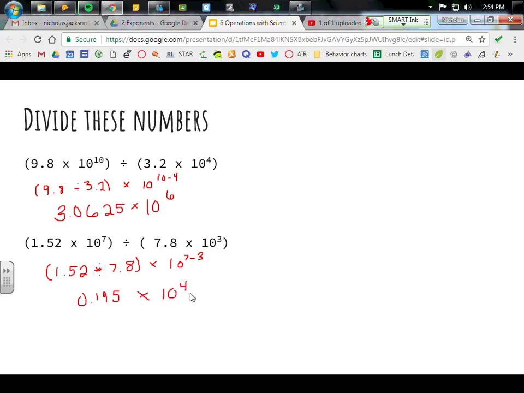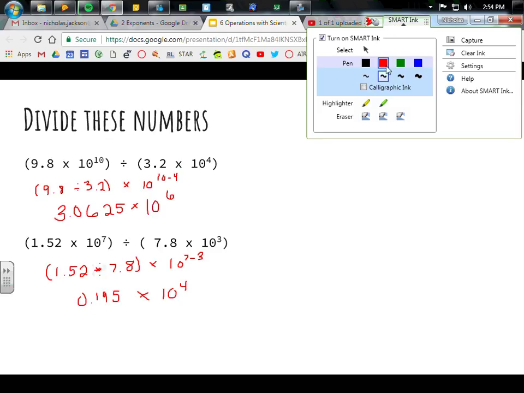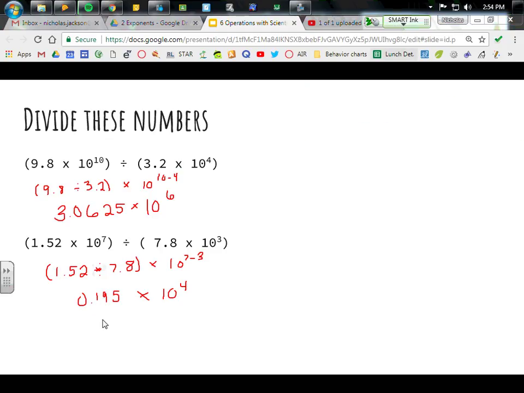Okay, now this is not in scientific notation because we need this decimal point to be right in front of this 1. So I would rewrite it as 1.95. All right, now because I did that, I am not going to need my exponent to be as high.